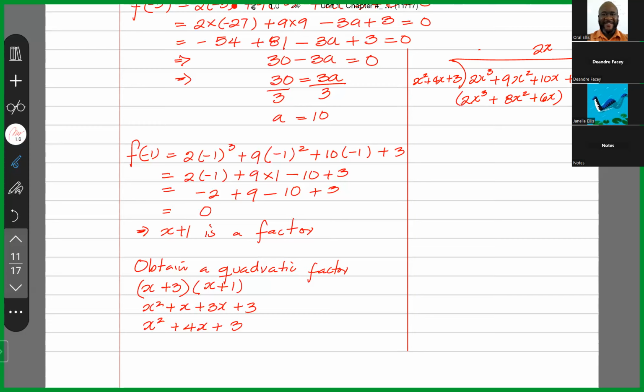We're going to subtract. When we do, we're going to get x squared, we're going to get 4x, and we're going to bring down the positive 3.